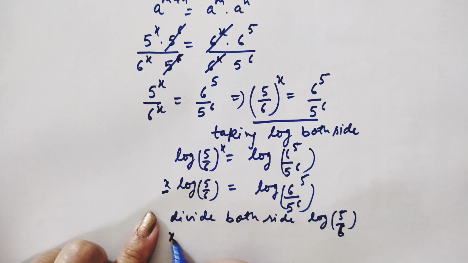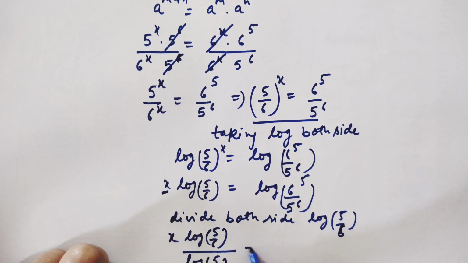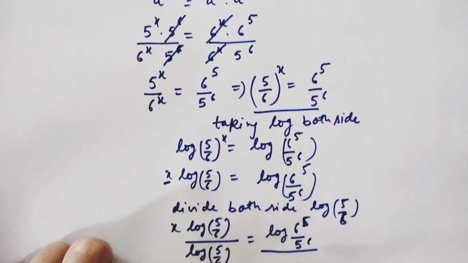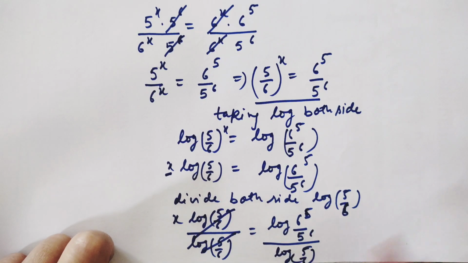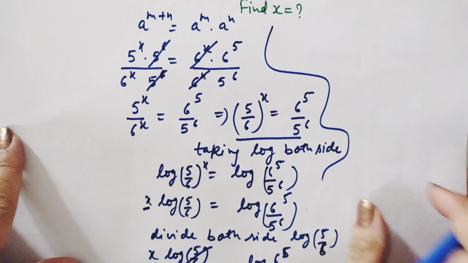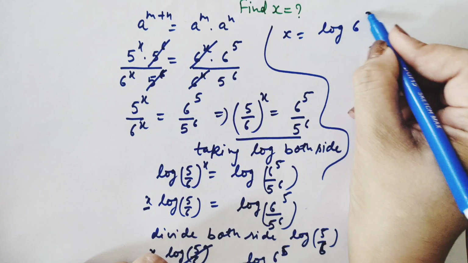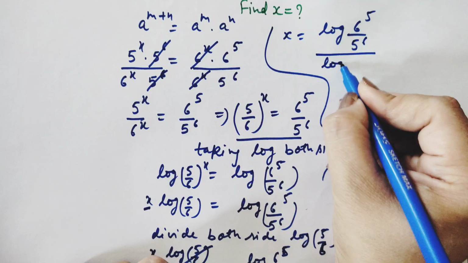Here log of 6 power 5 upon 5 power 6 is divided by log 5 by 6. It cancels out on the left, so x is single. Now see, x equals the right hand side: log of 6 power 5 upon 5 power 6 upon log 5 by 6.